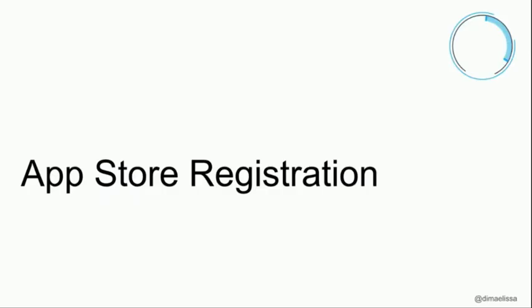So the App Store registration is, if there's a thesis to this talk, a learned lesson, that generally speaking, registering your app for a FHIR-based EHR App Store is a process of registering an OAuth application.